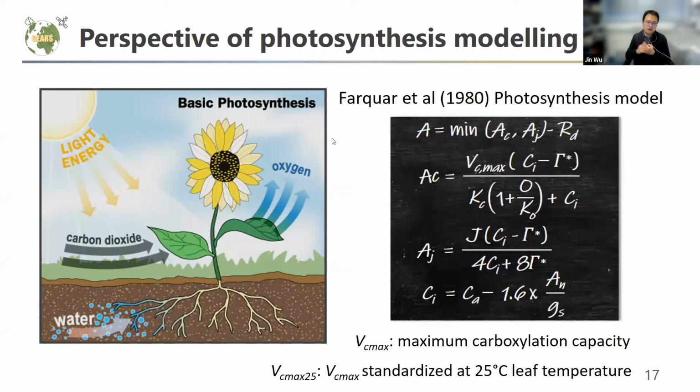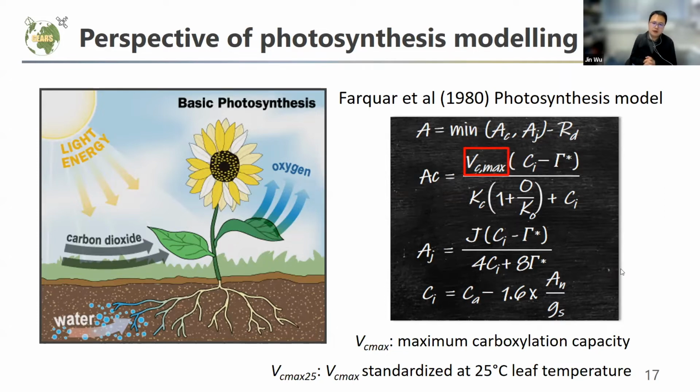Normally, from the modeling perspective, we already have mathematical models to describe photosynthesis processes. A very popular model commonly used in the ecology field is called the Farquhar photosynthesis model. In this model, there is a really important biochemical trait, short for Vmax, which normally refers to the maximum carboxylation capacity.